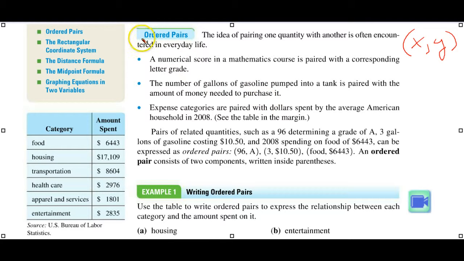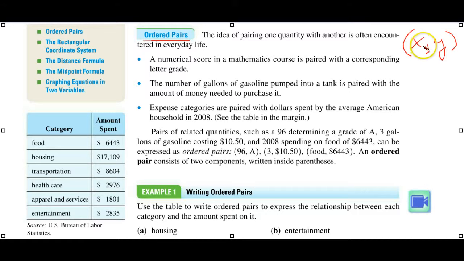Here we're talking about ordered pairs, and you may recall that an ordered pair is a numerical value and a numerical value, depending on what axes we're dealing with. Here it's the x-axis, here the y-axis, and this can be plotted.